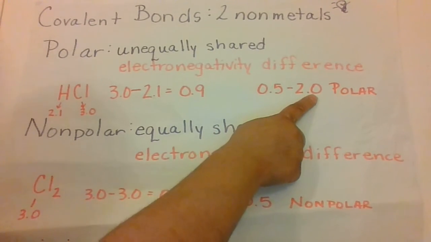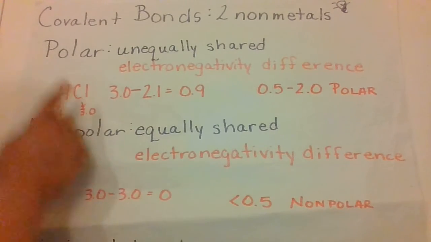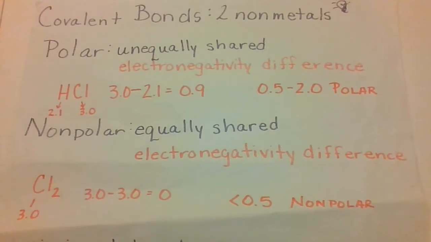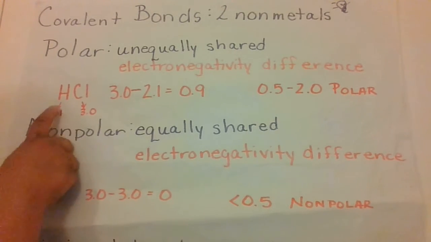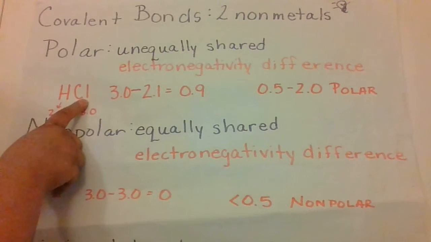And this is determined by taking the information given in the electronegativity chart in your text or resources provided by your instructor. And then you would take each of those different electronegativities and subtract them, hence the word difference. So here we have hydrogen chloride.